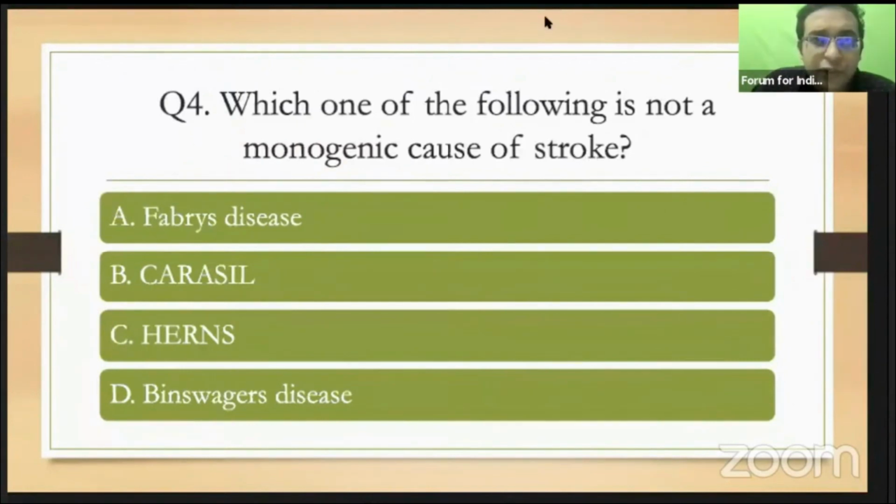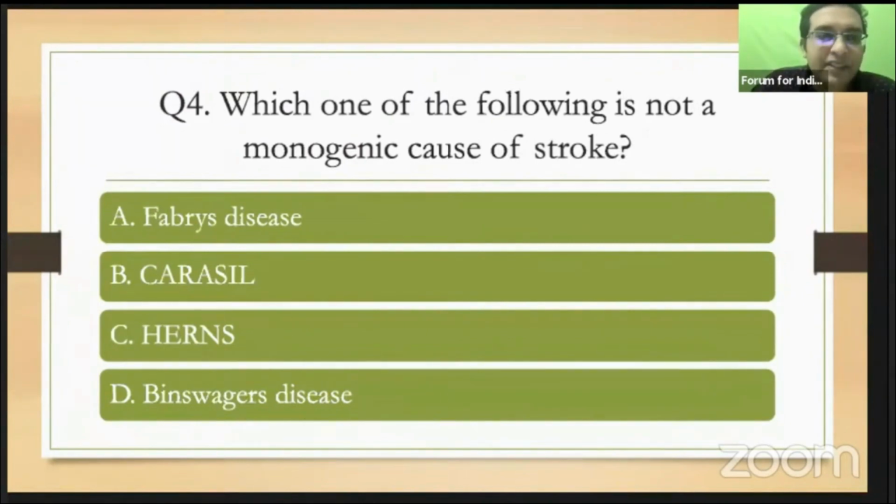So usually you know that stroke has a polygenic cause. The most common risk factors would be hypertension, diabetes mellitus, smoking, other risk factors which have a polygenic cause for stroke. But sometimes some specific monogenic causes of stroke are also identified, but they are rare, but they are present.